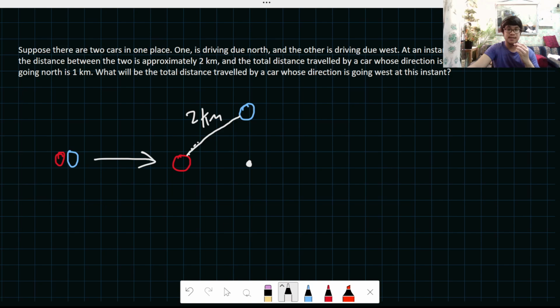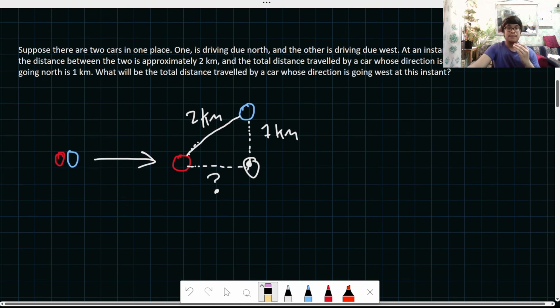And then at that instant, let's just say that the blue car, or the car driving due north, stops right here. It achieves 1 kilometer. All right. Now here, what will be the total distance traveled by a car whose direction is going west at this instant? So at this instant, what would be the distance of this red car from the start until this instant? So from here going there.